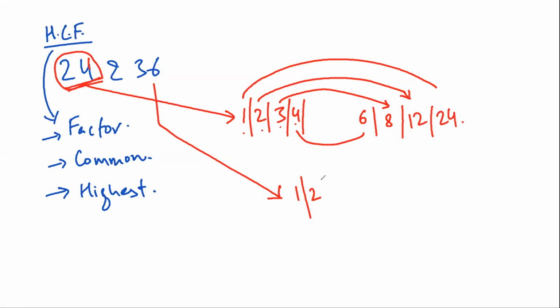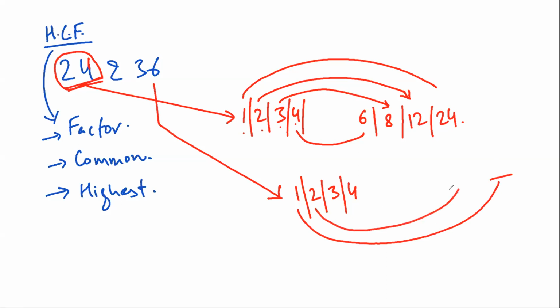So 1, 2, 3, 4. Okay. Now let us bring the rainbow method. 1 would be, what should I write here? Mr. Sarthak, what should I write here? So 36. What should I write here?